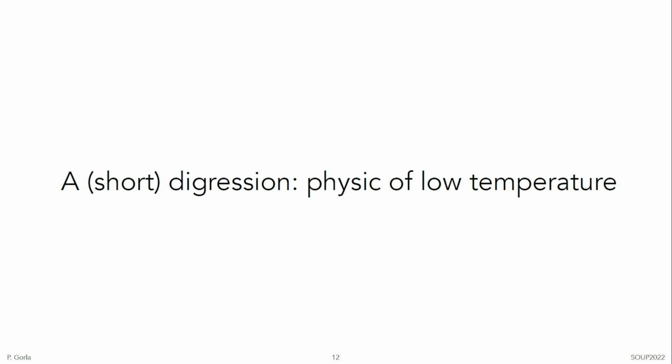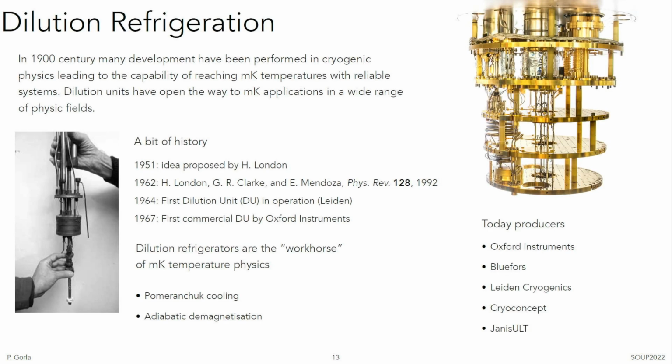So let me say a few words about how you get to this temperature. Reaching millikelvin temperature is not obvious in some way. The kind of machine you use to get to this temperature is basically reduced to one kind of device, the dilution refrigerator.